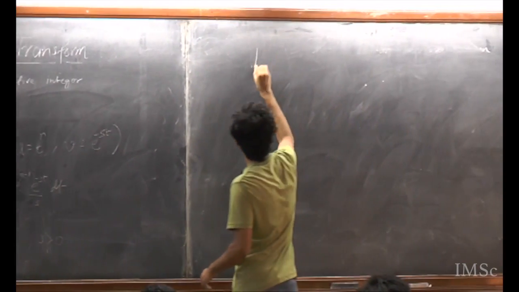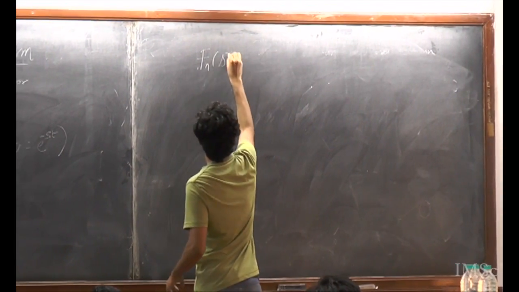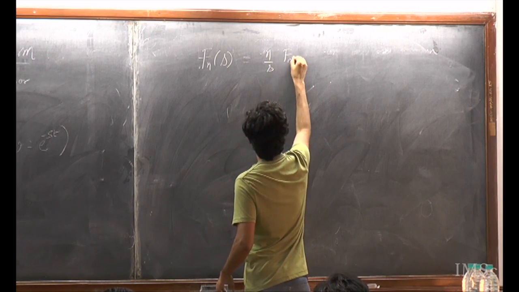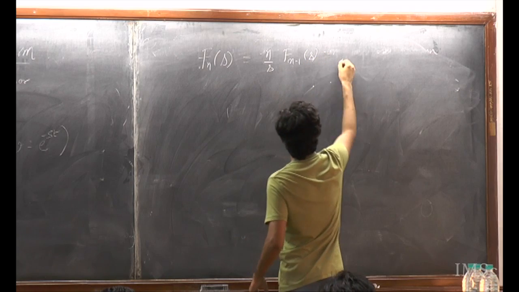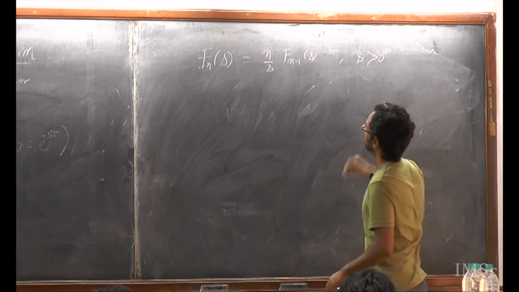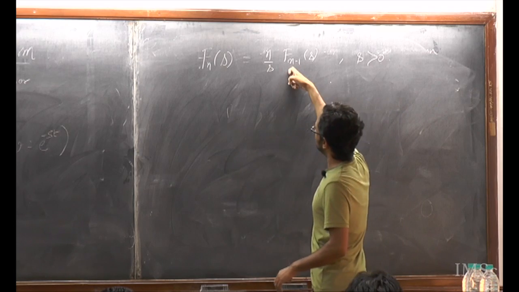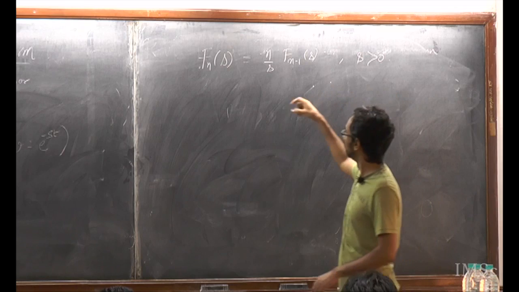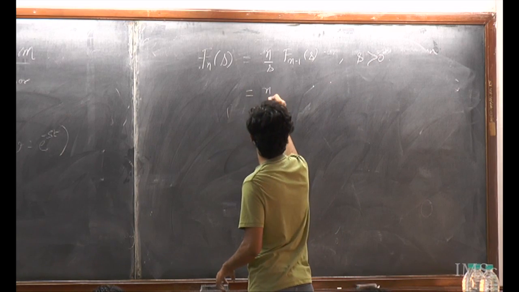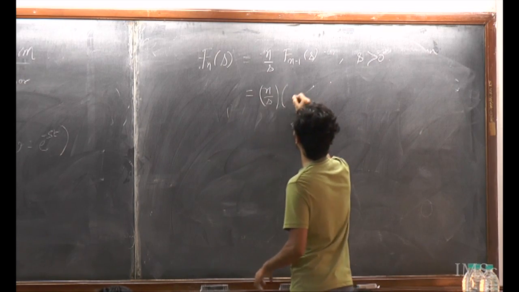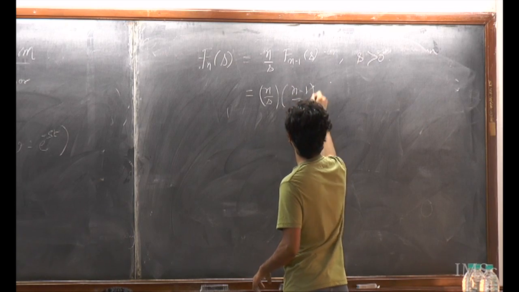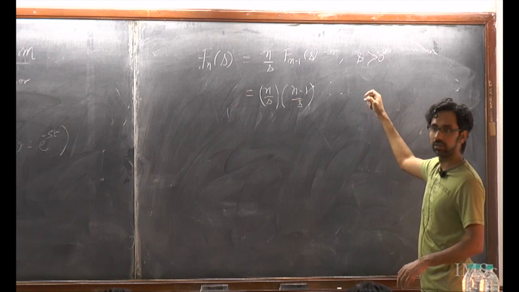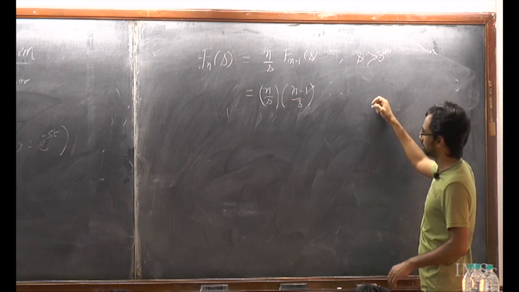So you get f_n(s) equals n over s times f_(n-1)(s), with s positive. So you can just keep substituting for lesser and lesser values of n, and you will get n over s, then n minus 1 over s, and this will continue until you hit what? 1 by s, right?